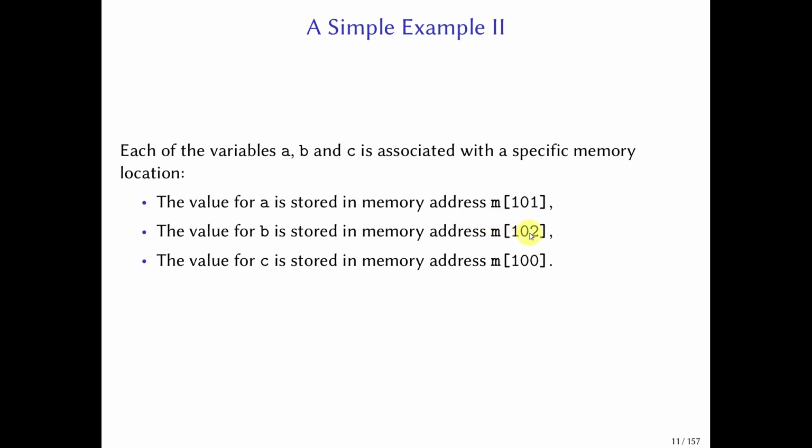In fact, given what we know about main memory, that it's composed of an array of cells, it seems logical that the value of each variable would be stored in a particular cell in main memory. So we might assert that A is stored in memory address 101, B is stored in memory address 102, and C is stored in memory address 100.